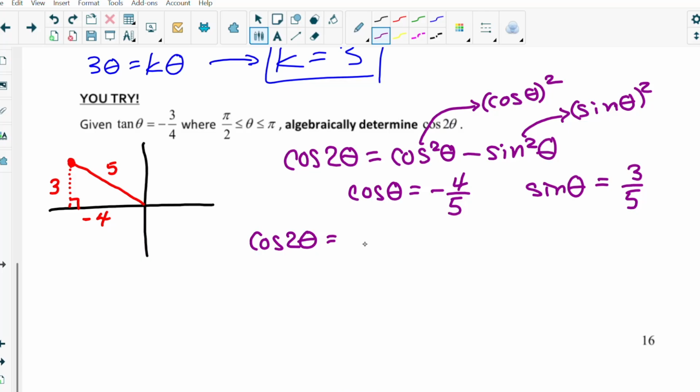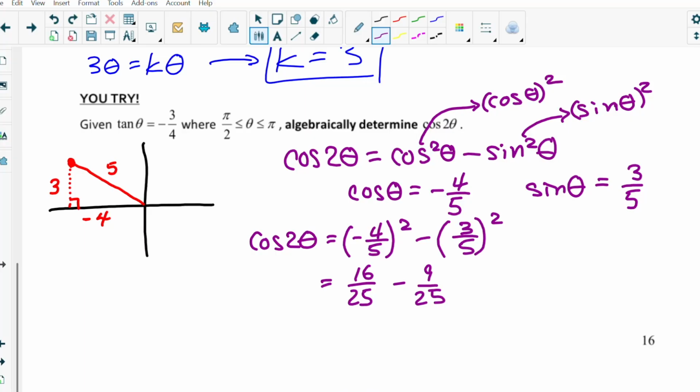Okay, so cosine of 2 theta equals (-4/5) squared minus sine squared of theta, which is (3/5) squared. And that equals 16/25 minus 9/25. That is 7/25. So cosine of 2 theta equals 7 over 25.